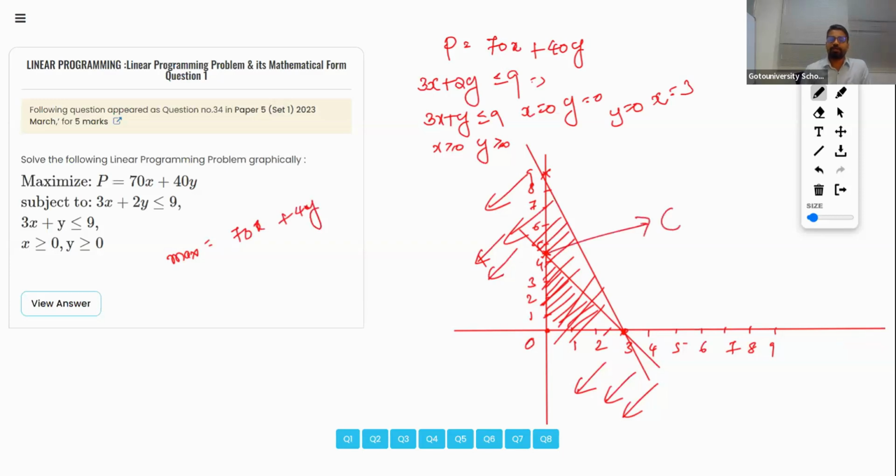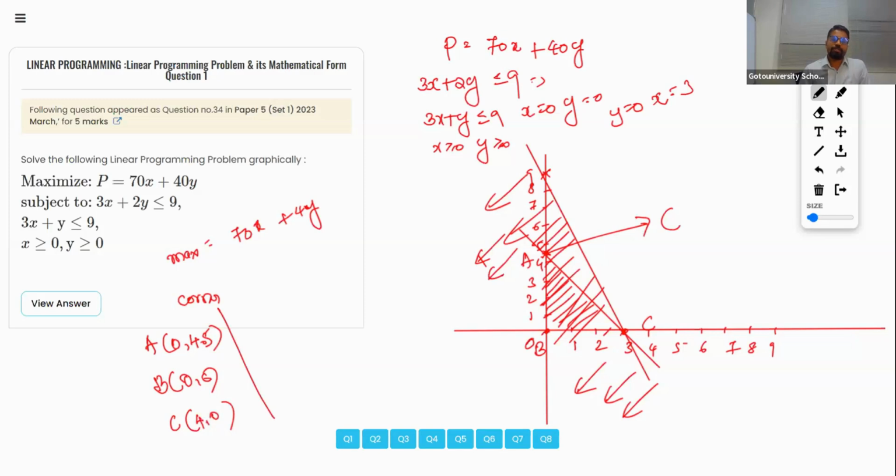The corner points we can name them first: A, B, and C. So A is 0, comma, 4.5. B is 0, comma 0. C is 4, comma 0.